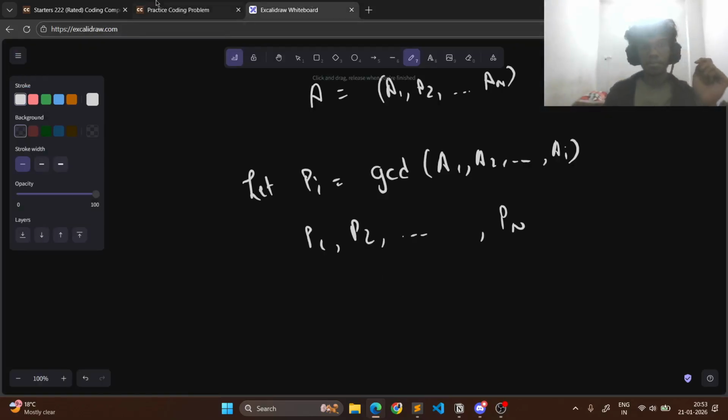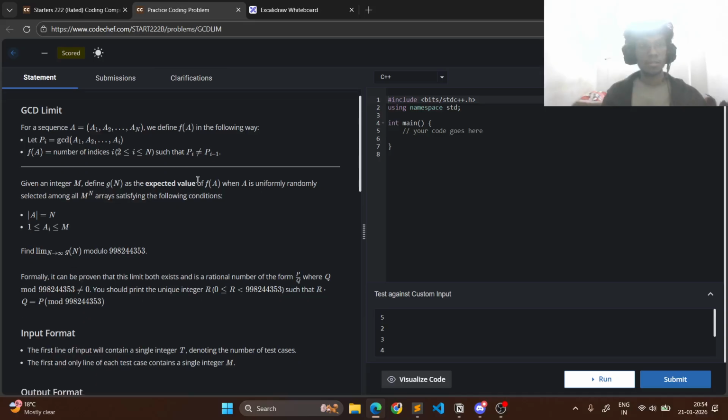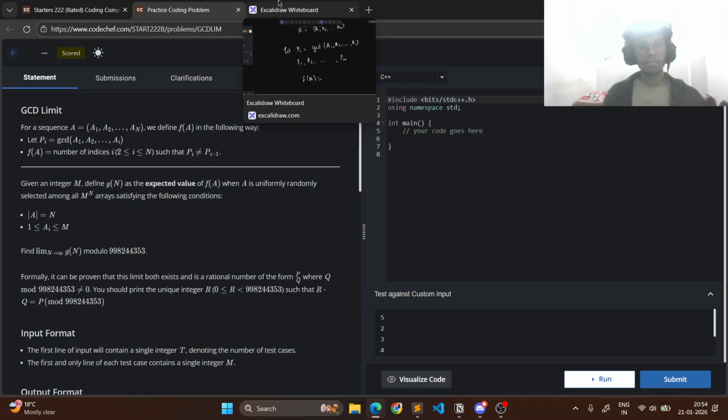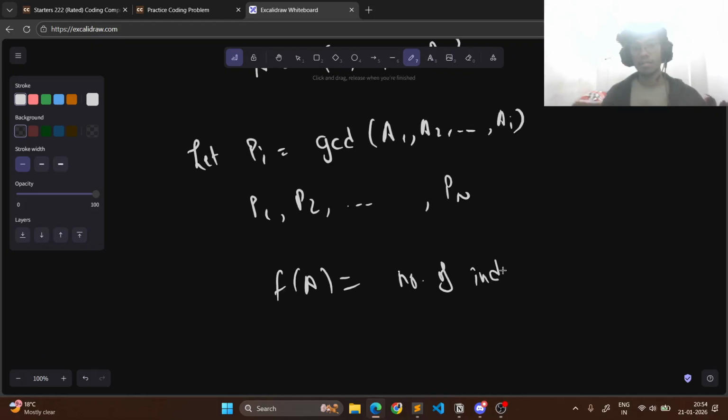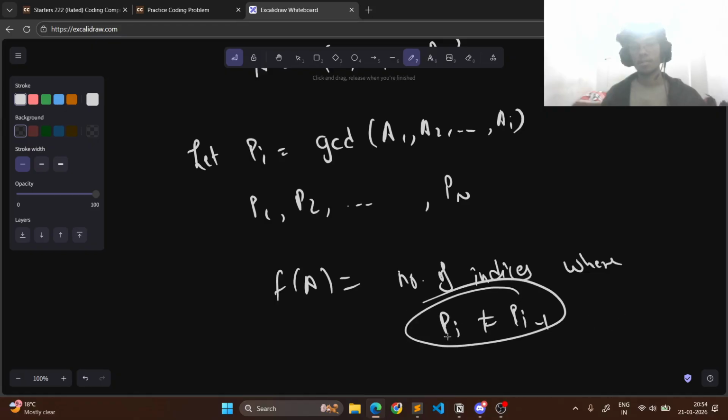Right, this is okay. So now f of A equals the number of indices such that P of I is not equal to P of I minus 1. This is f of A.